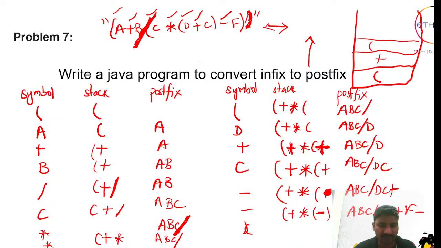So stack.peek is equal to the open parenthesis, or in the same way stack.peek is equal to a close parenthesis.